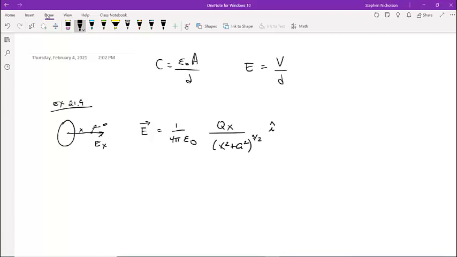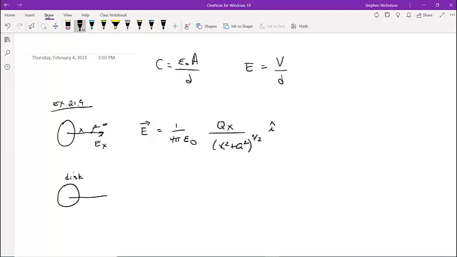Now what we want to do is go from here in steps. Instead of looking at a ring, you actually look at a disk. So we're going to take a ring and stack all those little rings of smaller radius and make a solid disk.